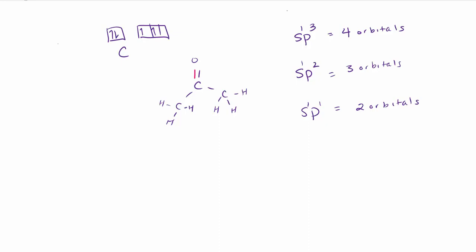But what happens is these orbitals will hybridize, and they hybridize so that one s combines with 3 p's in order to get those electrons as far away from one another as possible. That gives 4 places for bonds to be created, for carbon to share its valence with other atoms.